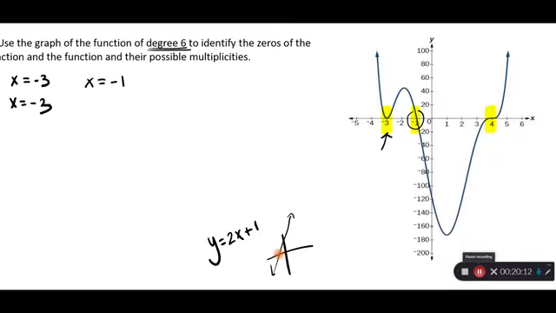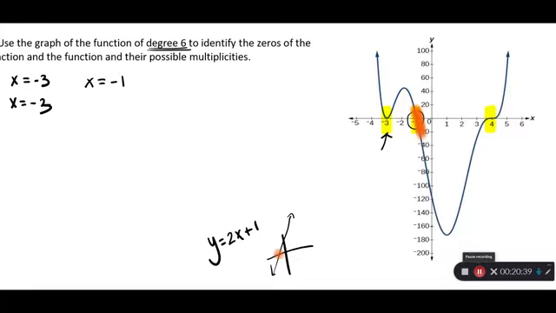So if you look up at this one, is that looking like a line? Yes, it does. So that would indicate that it goes through, it's going to have odd multiplicity, and the straighter it crosses, the more line looking it is, the lower the degree it has. So I'm going to say that's probably just degree 1. So that happens probably just once.